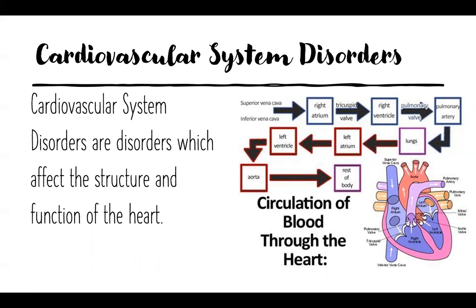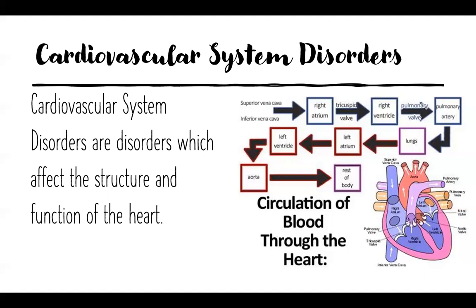Then that blood will pass through the tricuspid valve to the right ventricle. Then that blood will pass through the pulmonary valve. Then it will go to the pulmonary arteries, which will then go to the lungs. Now that blood in the lungs will drop off carbon dioxide and pick up oxygen and return to the heart via the pulmonary vein to the left atrium.